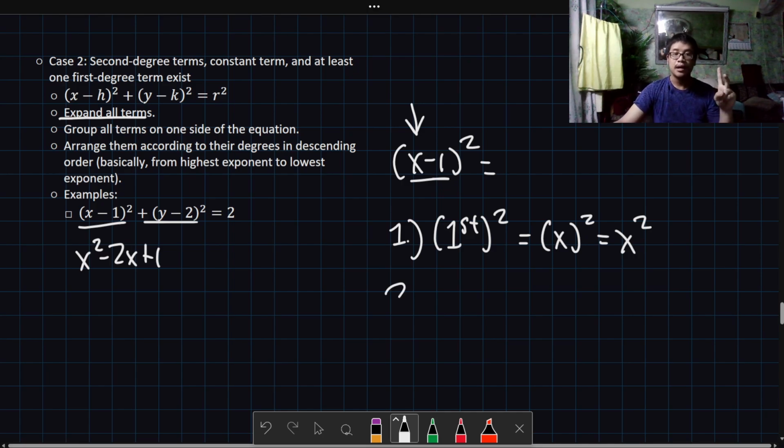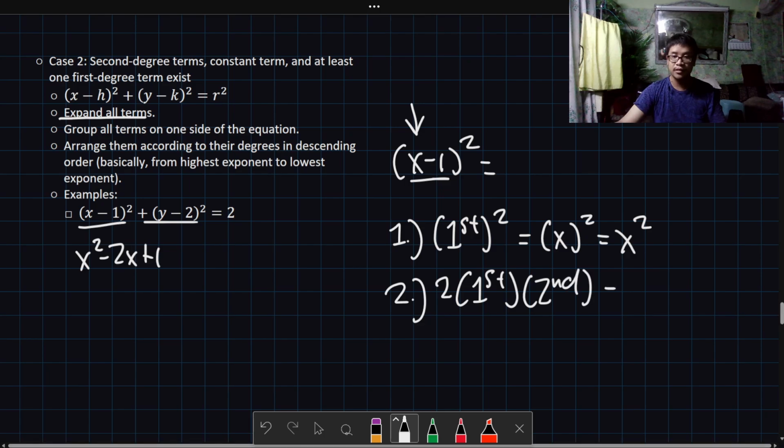Second step is 2 times the first term times the second term. The second term is the one on the right side of the parenthesis. So you will have 2 times the first term, x, times the second term, negative 1. Then you combine them, that will give you negative 2x.